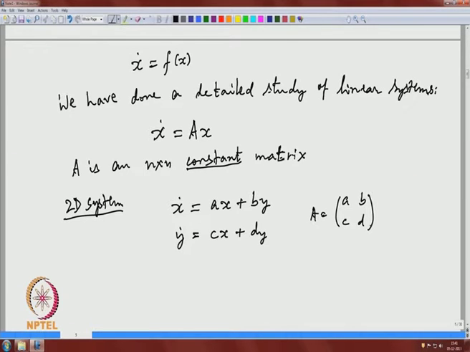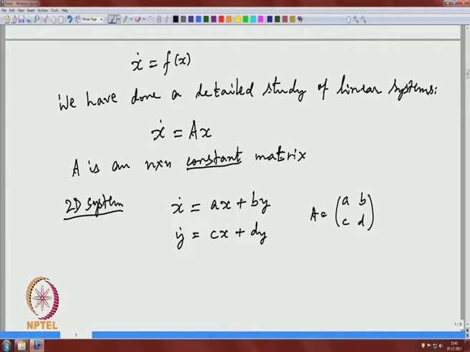Okay. And we have also learned how the nature of eigenvalues of this 2 by 2 matrix has played an important role in the description of the trajectories, orbits of this system.